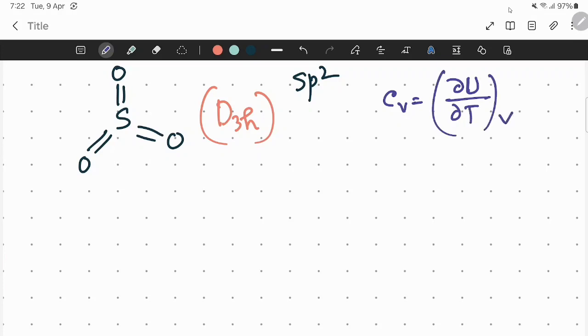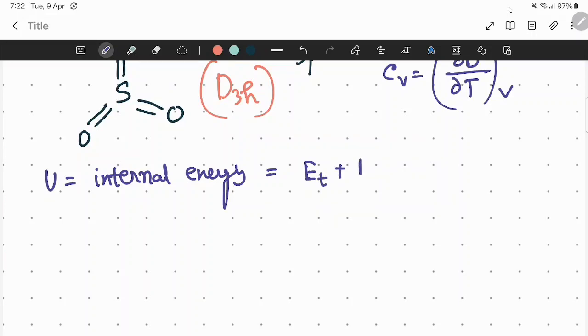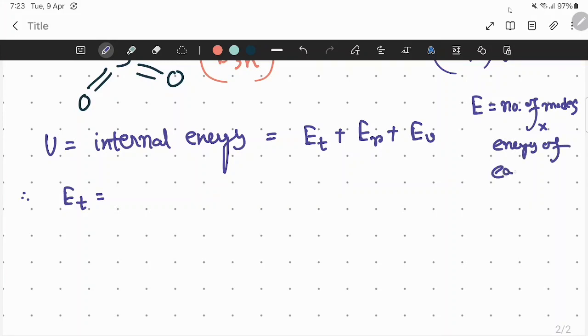Now, what is the U? U is our internal energy, so we can write it as E translational plus E rotational plus E vibrational. Correct? Now what will be E translational? We know that E equals the number of modes times the energy of each mode.